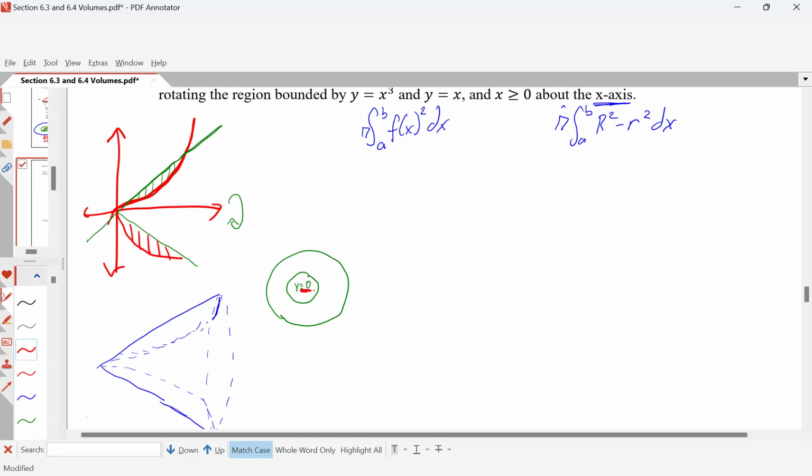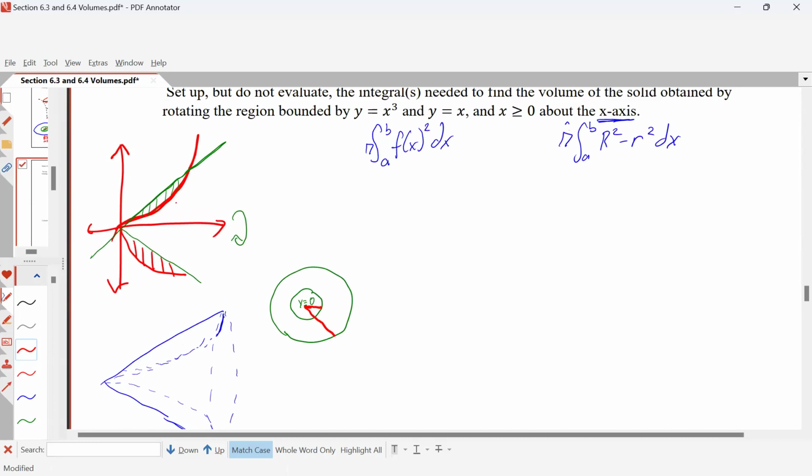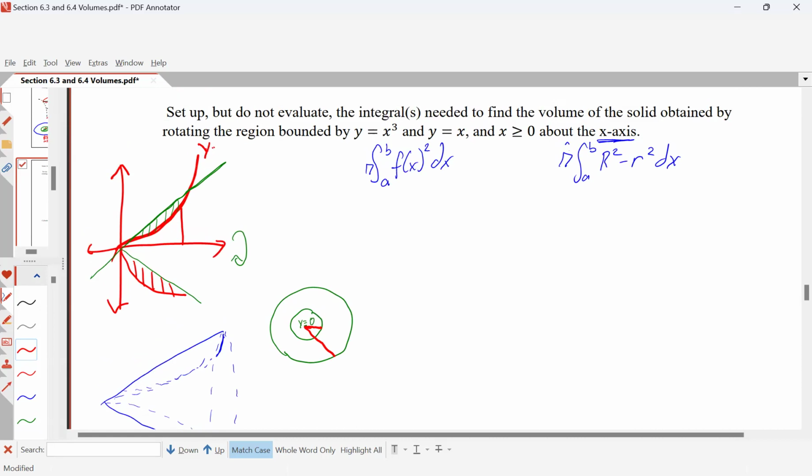And then we're going to find from y equals 0 out to our first function, and then from y equals 0 out to our second function. We're looking at our picture from the x-axis out to our functions. The first thing we hit is the cubic function, y equals x cubed.